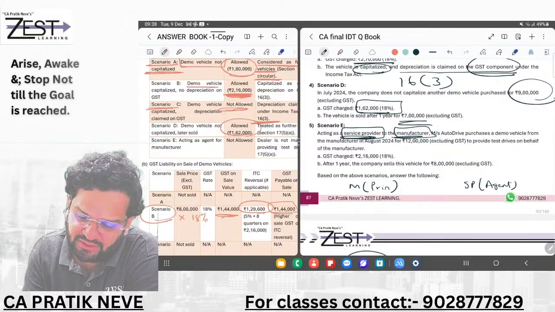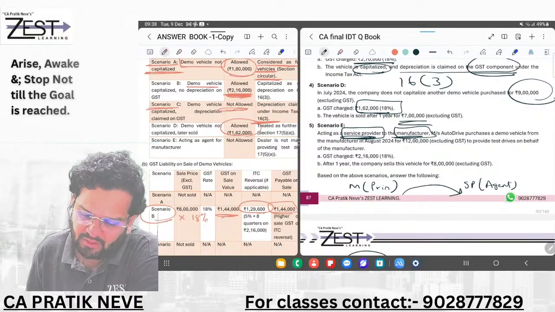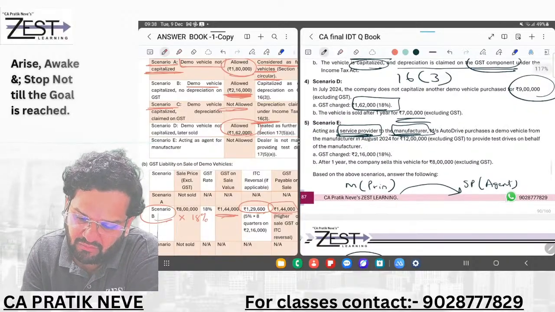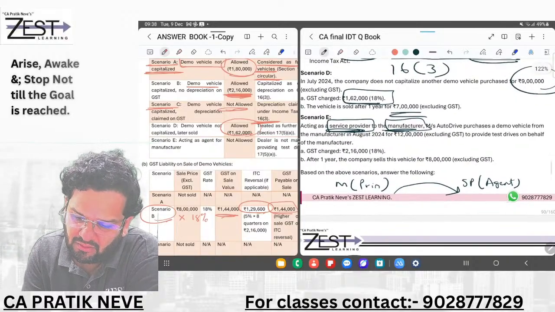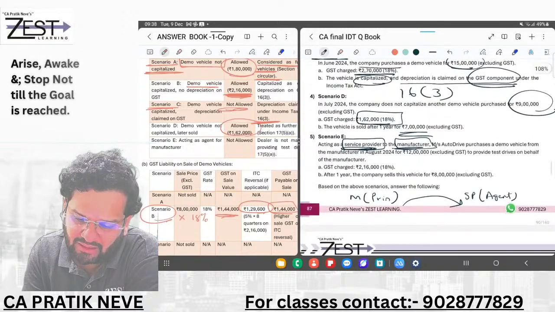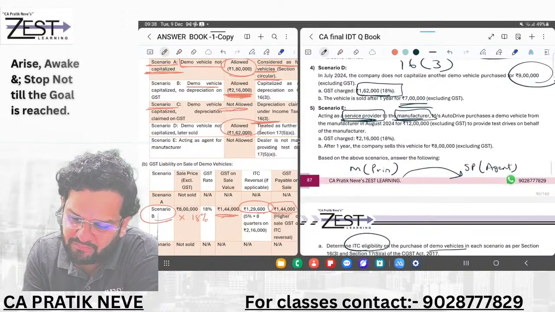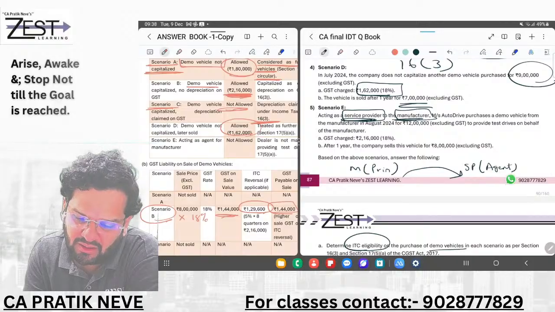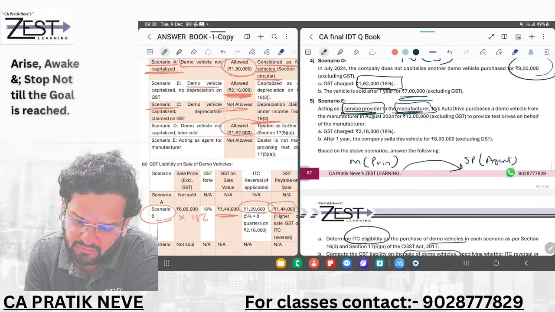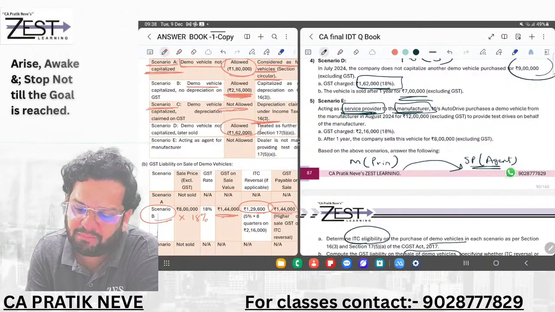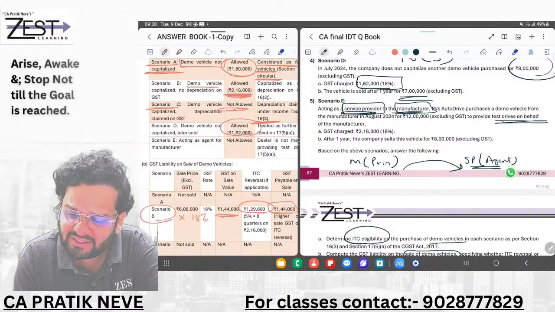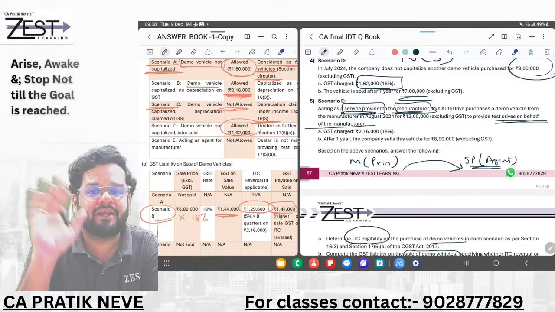So principal is now selling the vehicle. This service provider is purchasing vehicle from principal to provide test drives, that too on behalf of manufacturer.